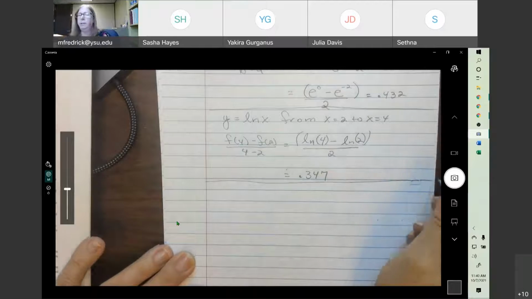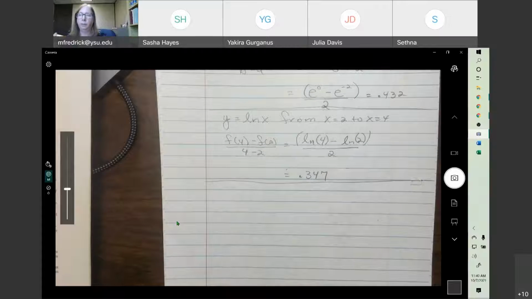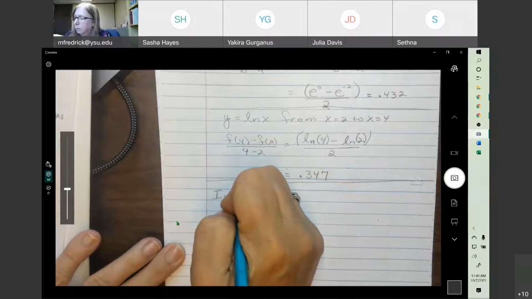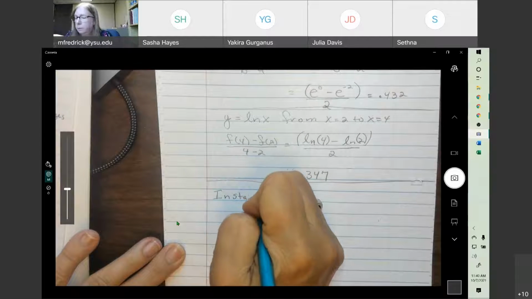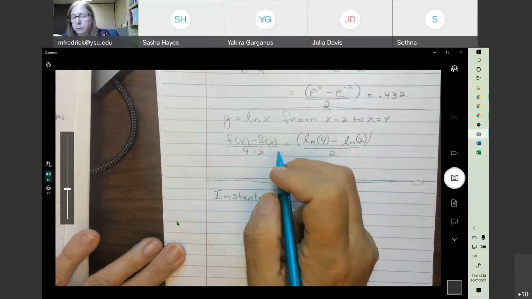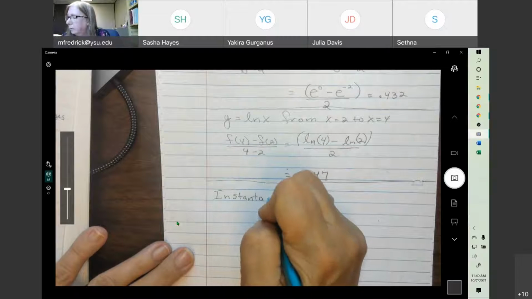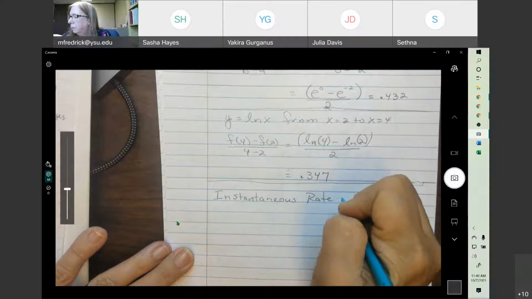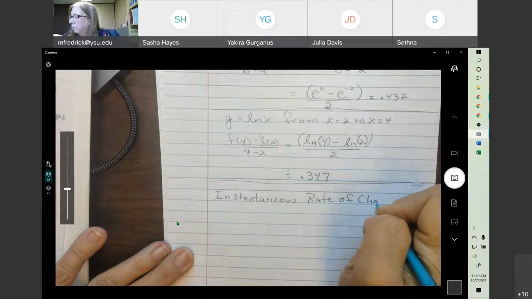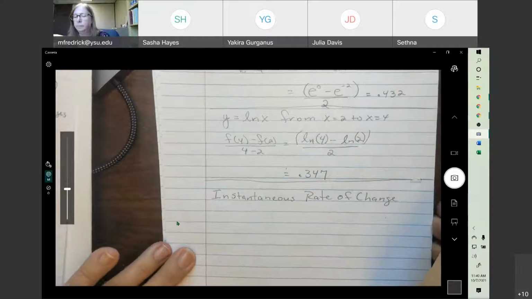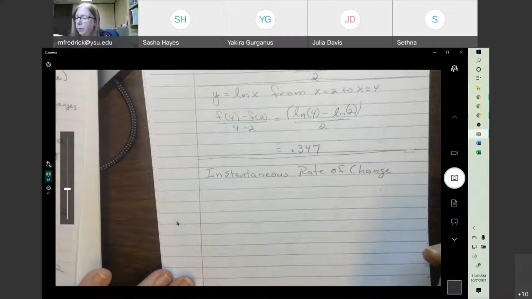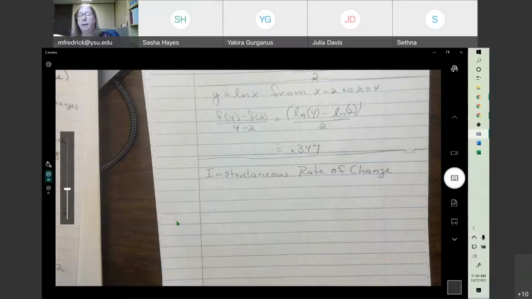So average rate of change is when you're going from one to another. But there's also what's called instantaneous rate of change. And what it does is it shows how much y changes at an exact value.